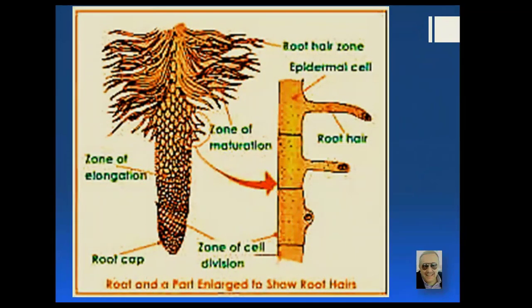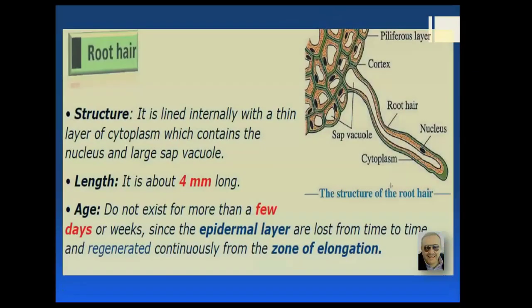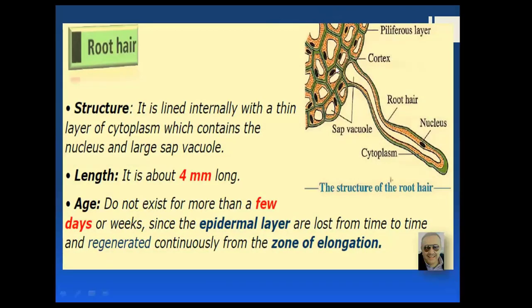In the zone of elongation, the root hairs protrude gradually to form a root hair. At the end we call it the piliferous layer, containing tiny, very tiny root hairs, and as we are going to study, its structure is lined internally with a thin layer of cytoplasm which contains the nucleus and large sap vacuole.